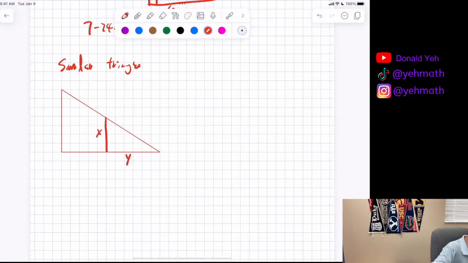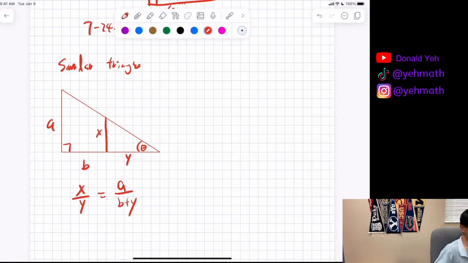This is X, Y, and I don't know, A and B. So X over Y is equal to A over B plus Y. Does that make sense? First of all, how do I know this is similar?